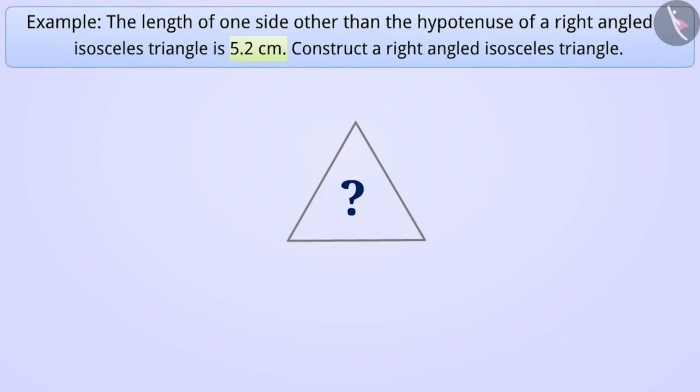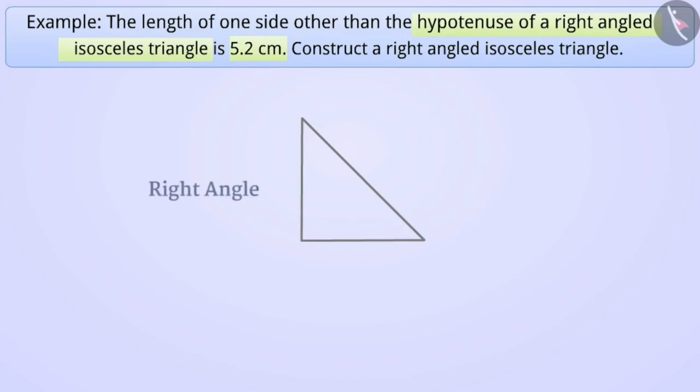Let me explain. Here, we are given the length of one side, but we are also provided with some important information. Like we have to construct a right-angled isosceles triangle. From right-angled, we infer that the triangle has a right angle, that is, an angle of 90 degrees. And from isosceles, we infer that in this triangle, the two sides other than the hypotenuse are equal.